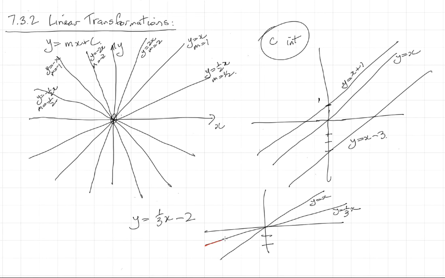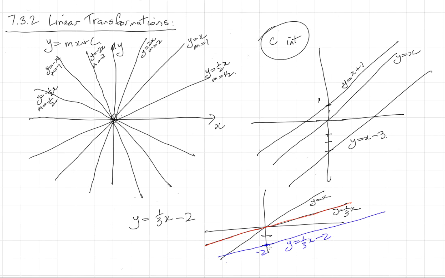We're going to draw it parallel to this one. This is y equals a third x. And I'll do this one in. So I'm going to draw this graph parallel to that, and this is y equals 1/3 x minus 2, going through the point -2 there.